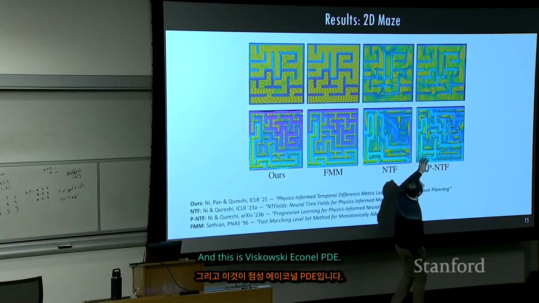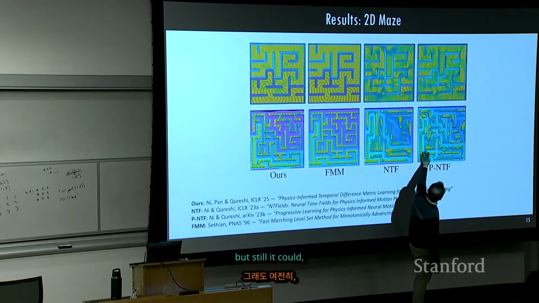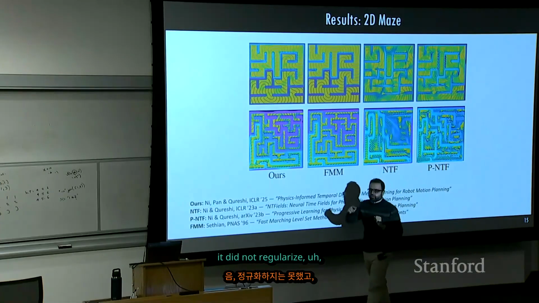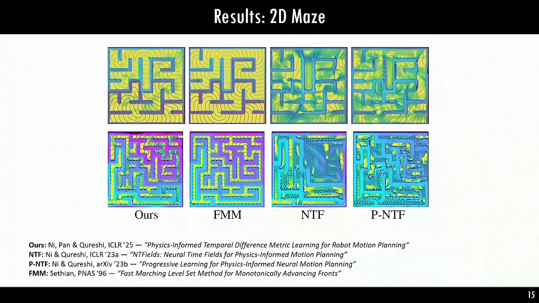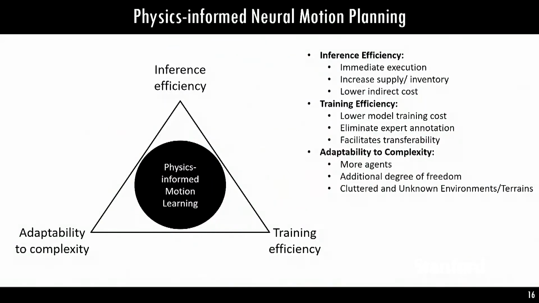And this is viscosity eikonal PDE. It still has a better solution than this one, but it still did not regularize the gradient between my conjective states. So there are still some artifacts that you see in that plot. So combining gradient matching with TD learning leads to a much better result.